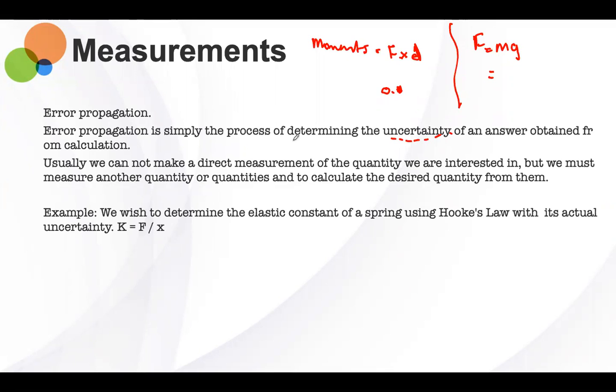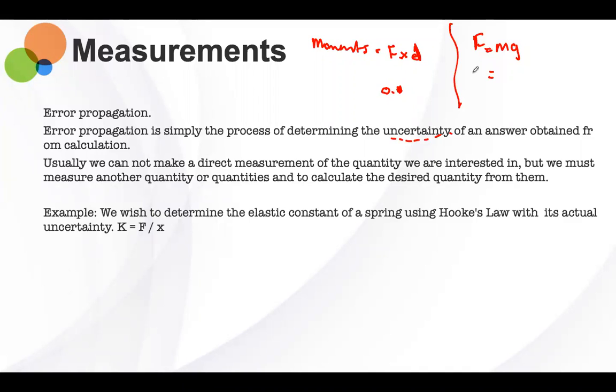Because we could have found this from the ruler. We could have used the ruler, but in this case, we have to do calculation. So usually we cannot make a direct measurement of the quantity we are interested in, but we must measure another quantity or quantities and calculate desired quantities from them.